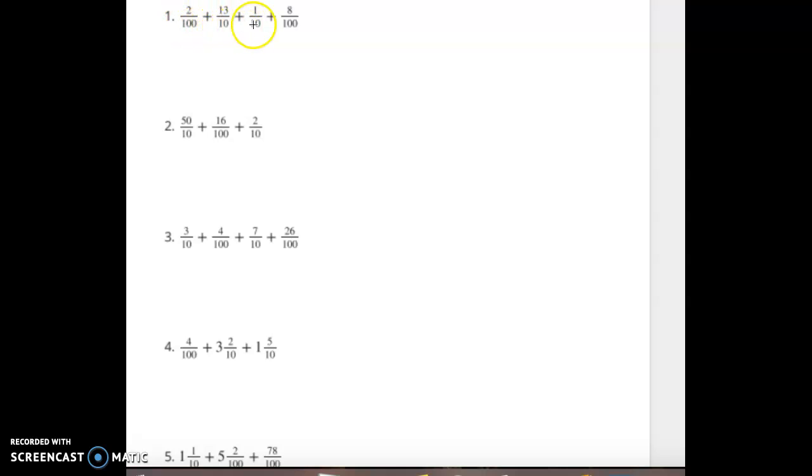For the first one, I'm going to change my tenths to hundredths. So I have 2 plus 130, which would be 132. And then I have 10 and 8, which would make 18.